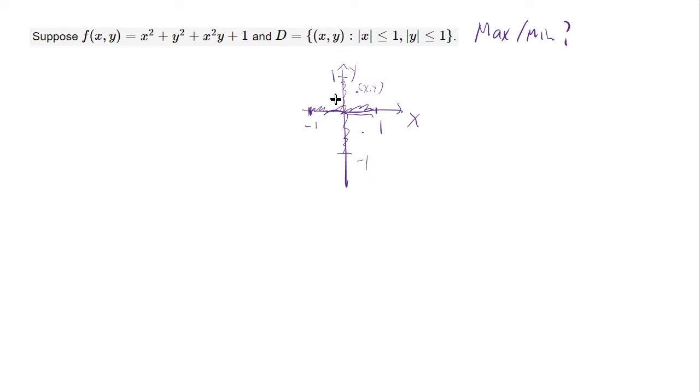So if you think about all these points which have both x and y between negative 1 and 1, you end up with the following domain, which is actually a square. Mine looks more like a rectangle, but I was supposed to be drawing a square. A square of side length 2, and you have this boundary.